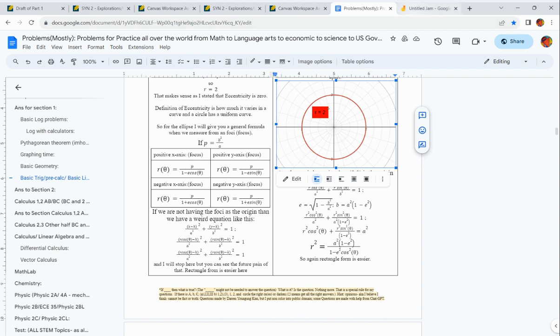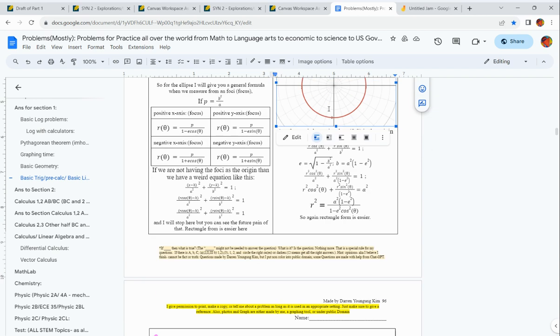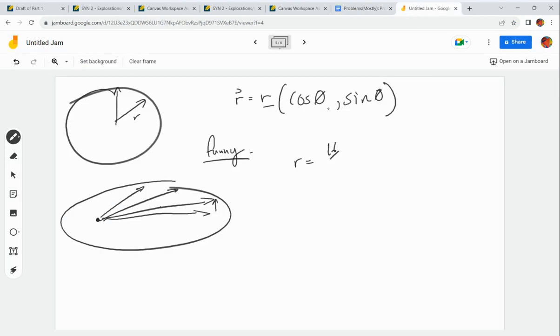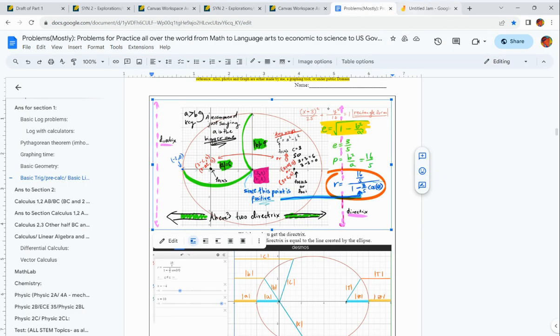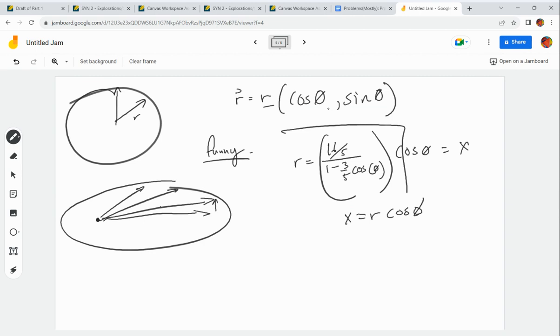But what I do know is that if R is equal to, let's look at this question over here, R is equal to 16 divided by 5 and 1 minus 3 divided by 5 cosine angle. If I multiply that by cosine, you get the x component, because if you turn to polar, x equals R cosine angle, which means R is this, right?